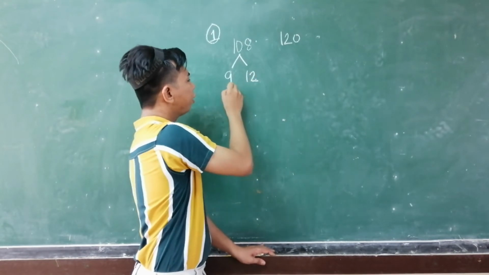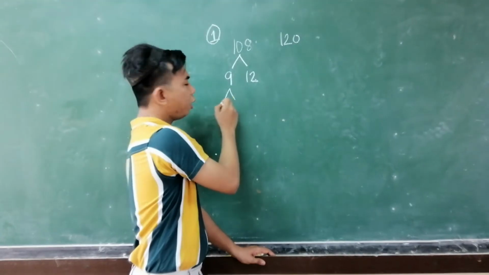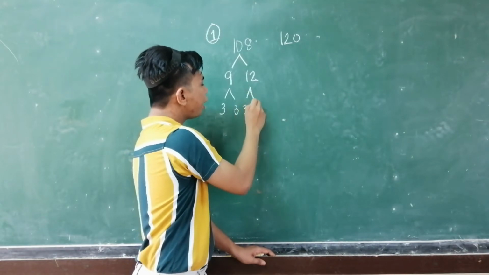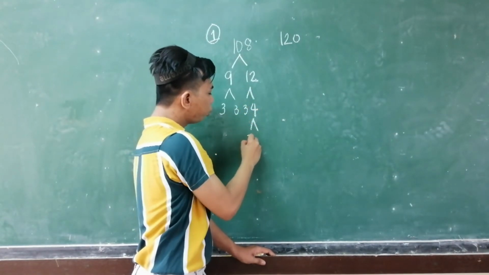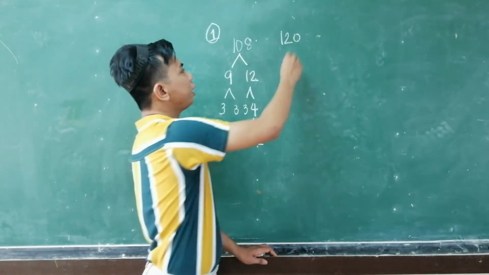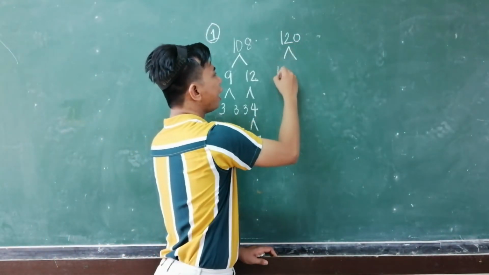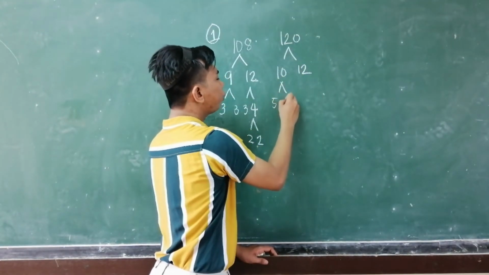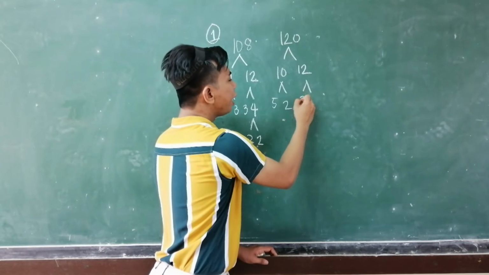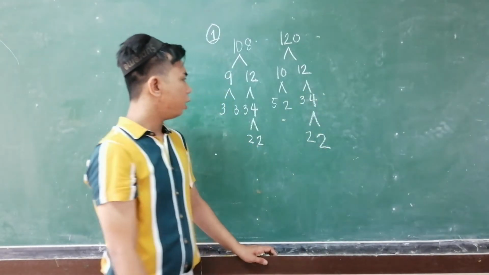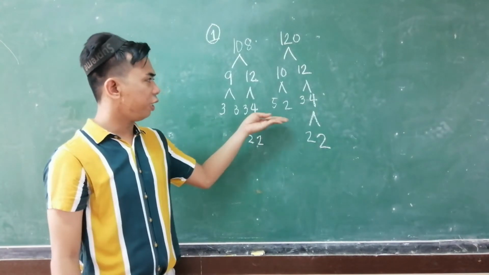Am I right? And then we have 3 and 3, 3 and 4, and then 2 and 2. So for 120, let's have 10 and 12, and then 5 and 2, 3 and 4, 2 and 2. So these are the prime factors.